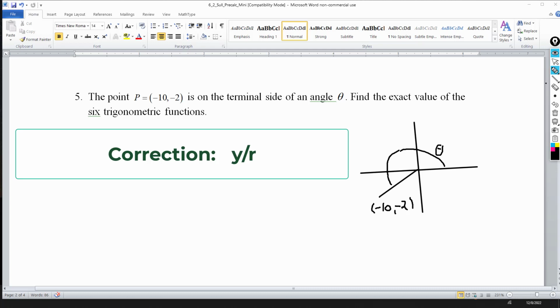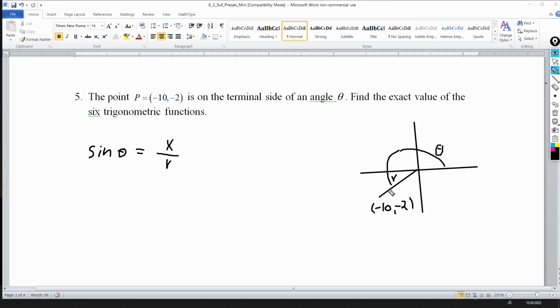I'm going to call it r, where r is the distance that point is from the origin. So basically I want to find the distance from the origin. Using the distance formula, this gives me the square root of 104. 104 is 4 times 26, and the square root of 4 is 2.